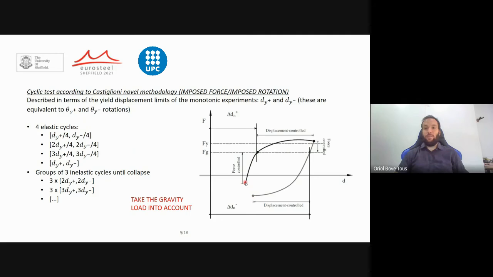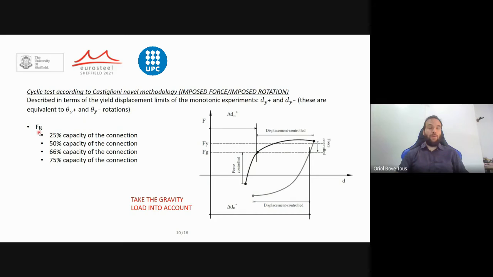This difference between these 2 points leads to the fact that this type of test shifts the center of the cycle each time more to the hogging side. So the center will shift in this direction. This test is not centered here at the origin.